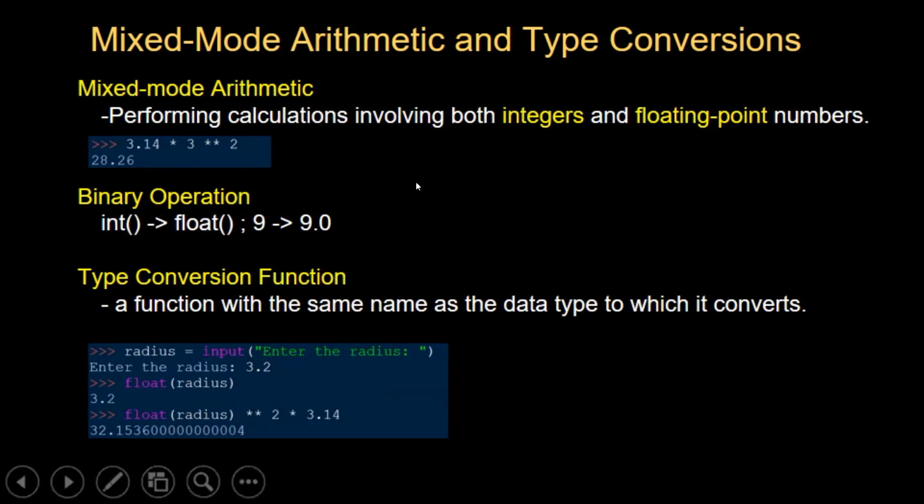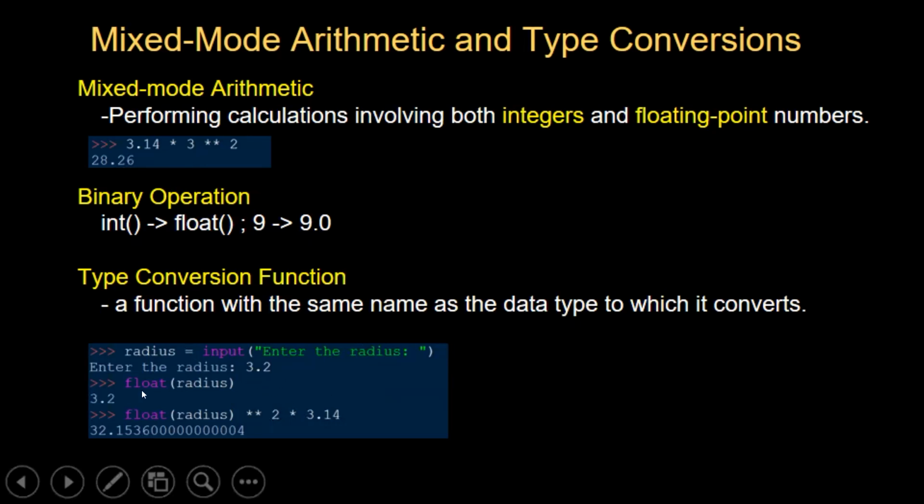Then we also have binary operation and the int and float functions, which convert an integer into a decimal number. For example, we have radius equals input, enter the radius, in which the program asks the user to input the radius, that is 3.2.